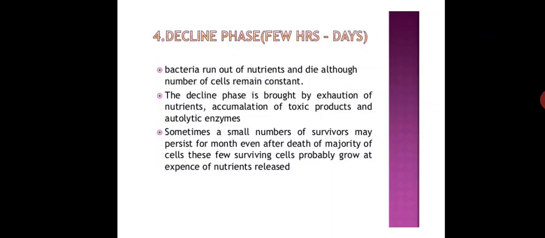This is due to the depletion of nutrients, and as the cells are metabolizing, there is every possibility of release of some metabolites which may become toxic to the other living cells. So there is accumulation of toxic products and autolytic enzymes.